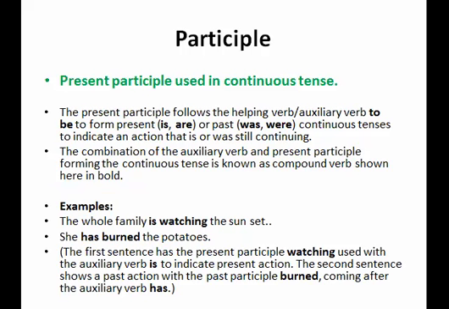The present participle is used in continuous tenses in the present, the past and the future. In its present form, is, am, are are added before the verb in its ing form to make the present.